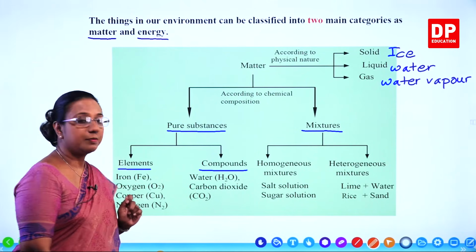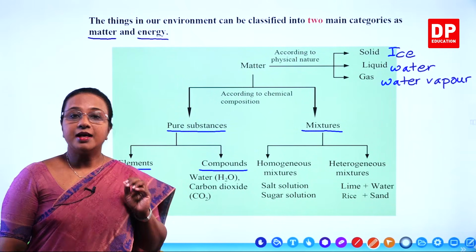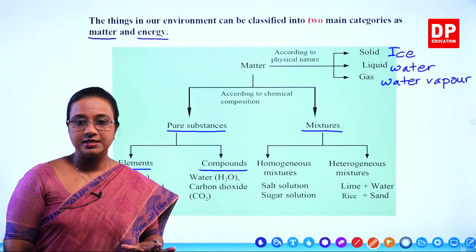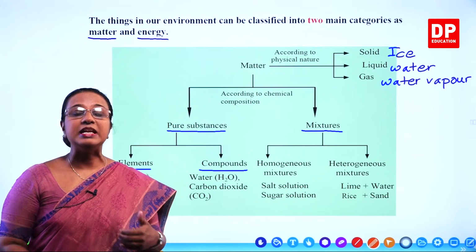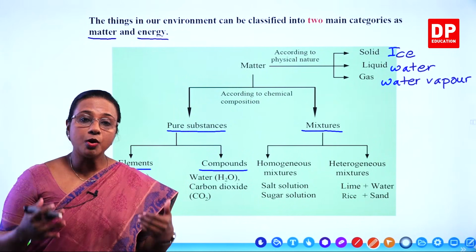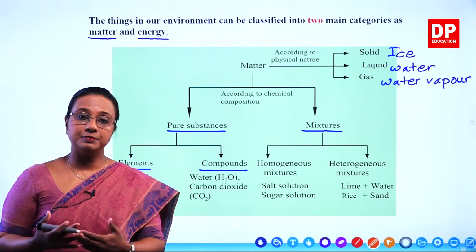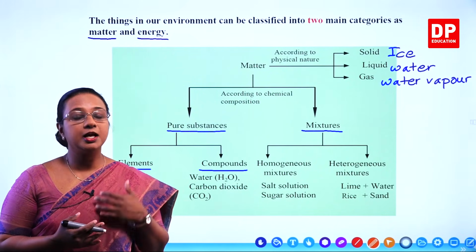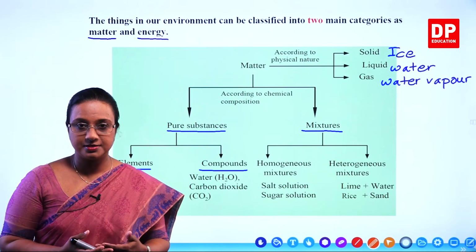So when we talk about elements, they are the pure substances which have definite properties and they cannot be divided into smaller independent components with definite properties by physical or chemical methods.